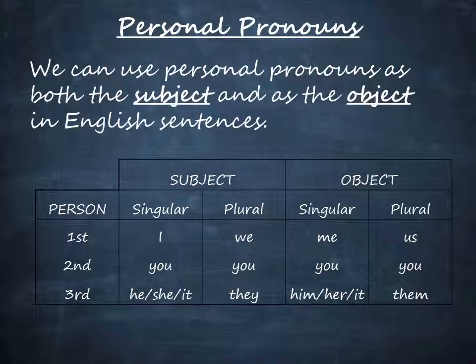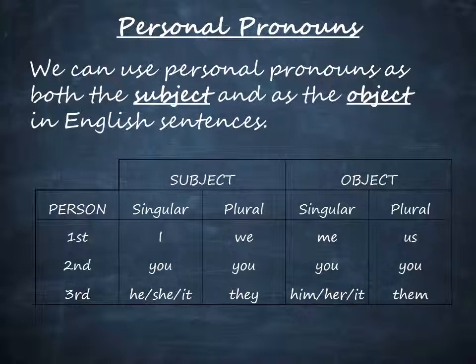He hit me. He is the subject, me is the object, hit is the verb. So, for the subject, first person singular, I use I. But if I'm the object of the sentence, the person to which it is being done, I would use me. So he hit me as an object.